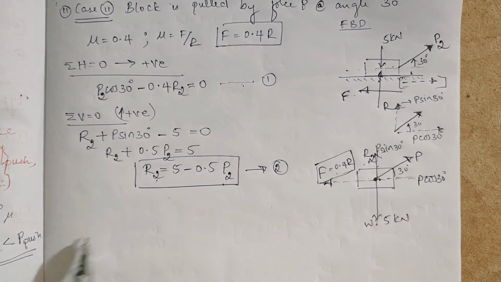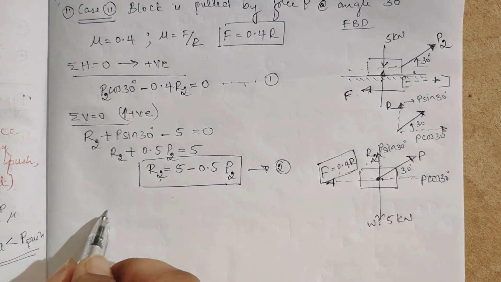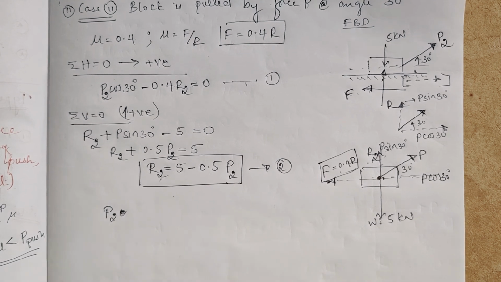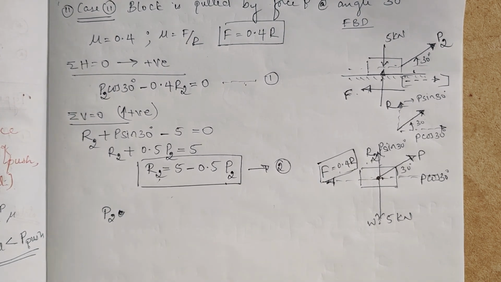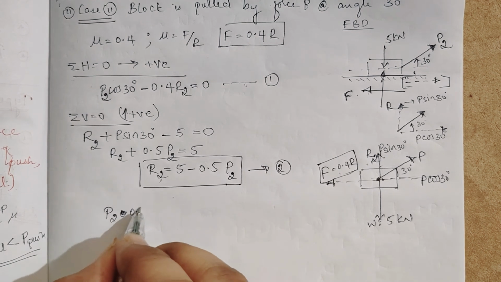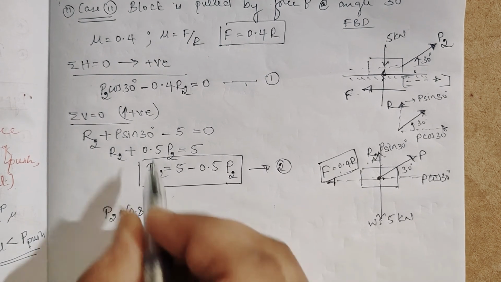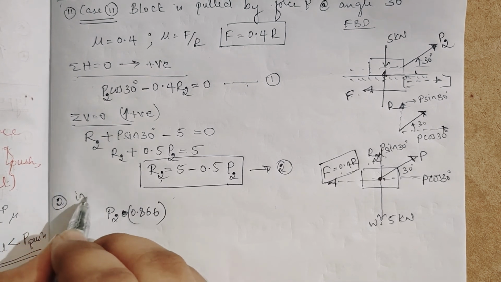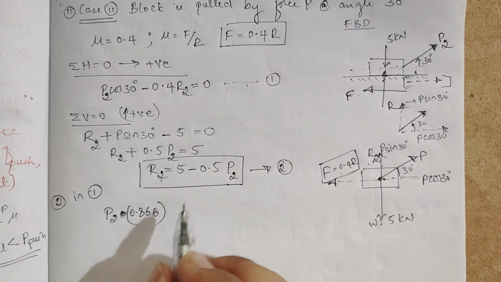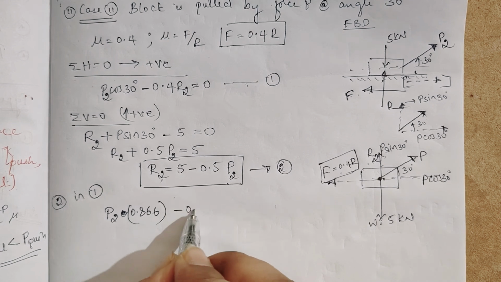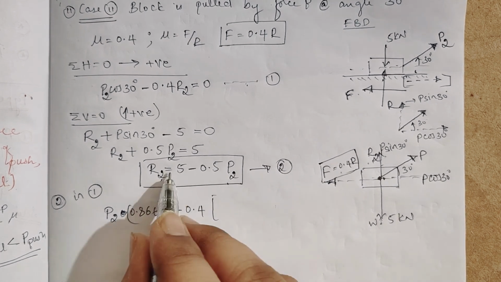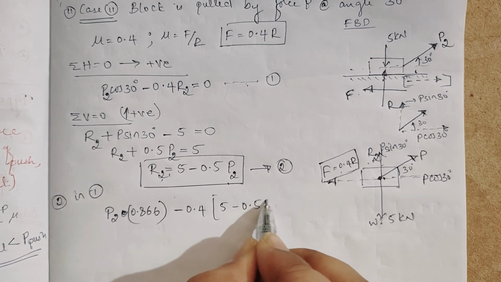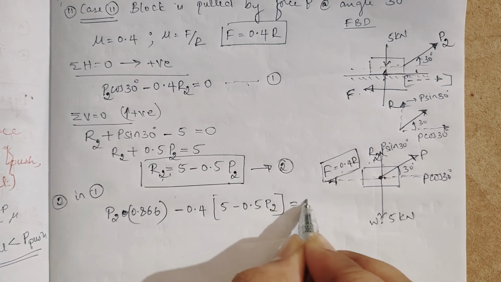So P2 cos 30 degree, I'll substitute 0.866, and substitute equation 2 in equation number 1. So minus 0.4 into R2, which is 5 minus 0.5 into P2, is equal to 0.